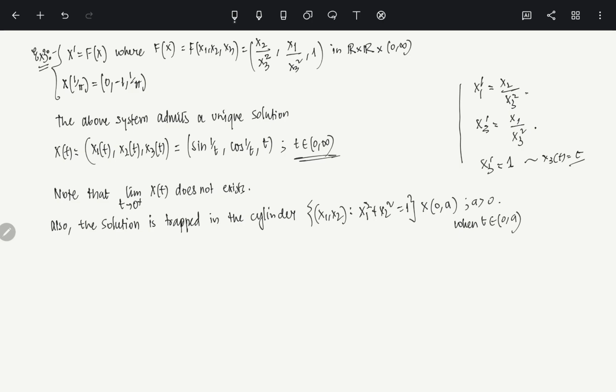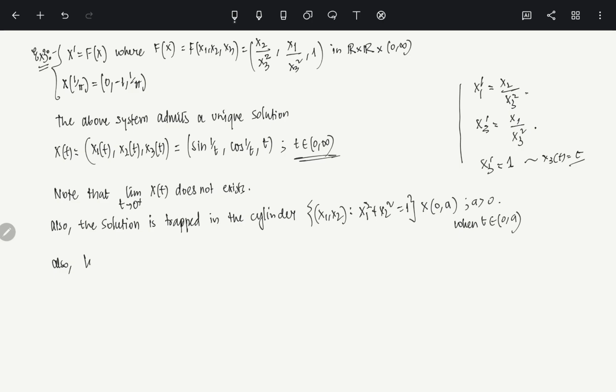Yes. And as t tends to 0 plus, the solution also does not blow up. That's one important thing. Yes, it does not exist, but the solution also does not blow up. So basically it is trapped inside a bounded domain, right?